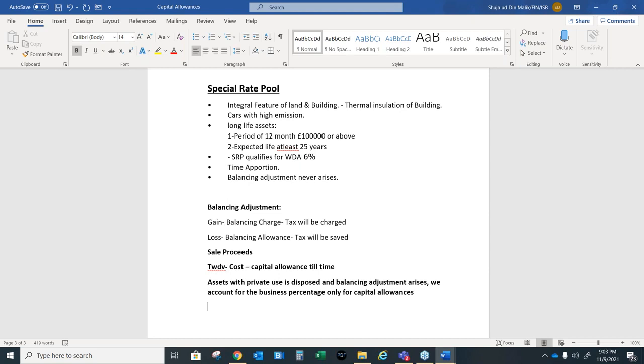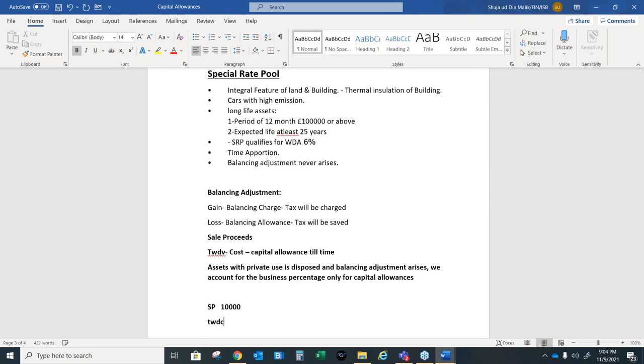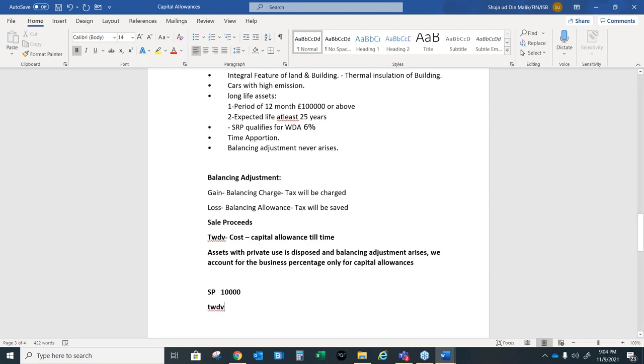Okay, for example, if I have sale proceeds of an asset of maybe 10,000, and its tax written down value is 6,000, I will be getting a balancing charge of 4,000.